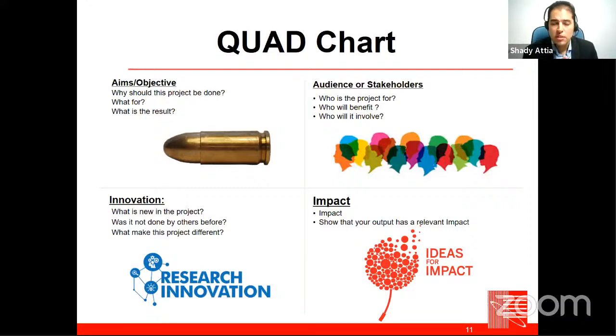I always advise paper writers when they start, whether they are graduates or early career researchers or even experienced researchers, to start with the quad chart.